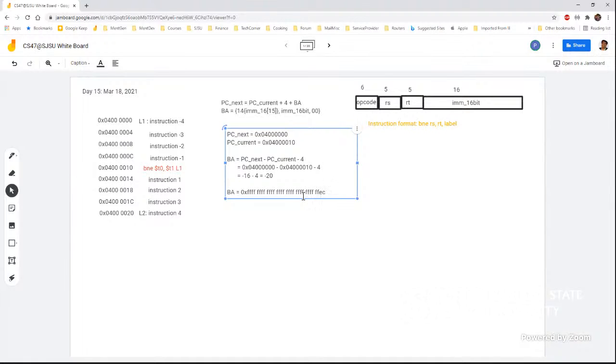So that's your 32-bit hex format. If you expand minus 20 into a 2's complement 32-bit form, you'll get a hex bit pattern like this, which in binary will be something like this: 1 1 1 1 1 1.